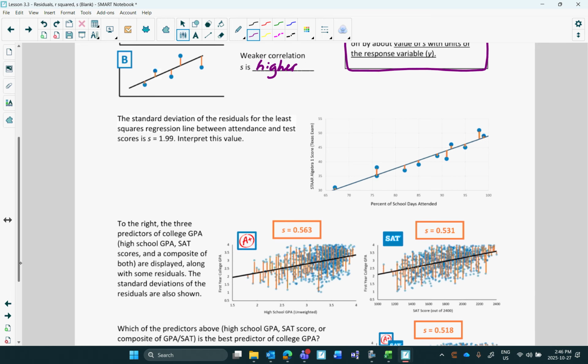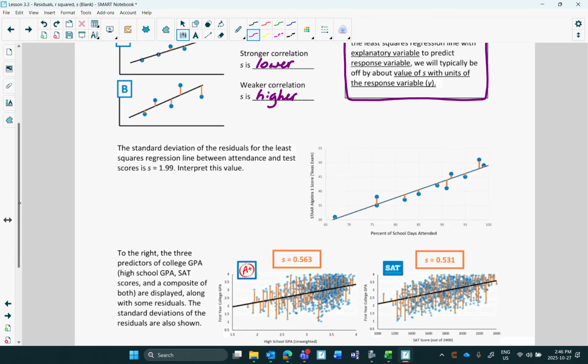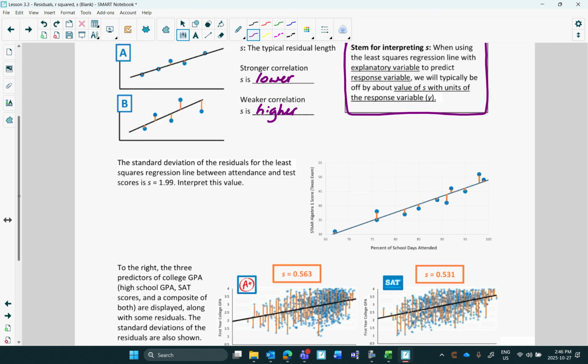So in this one, we are told that S is 1.99. And this is back to our percent school days attended and test score. So how would we interpret it? Well, we'd use this, but instead of explanatory and response, we write percent attended and test score.